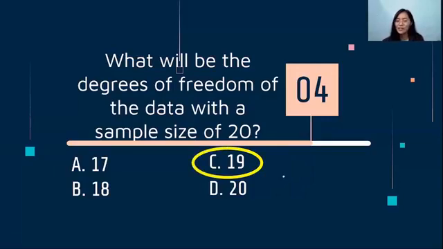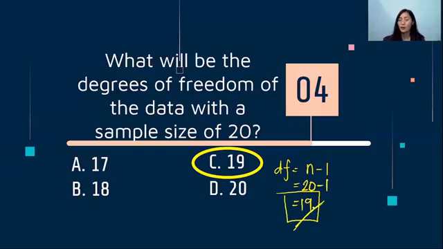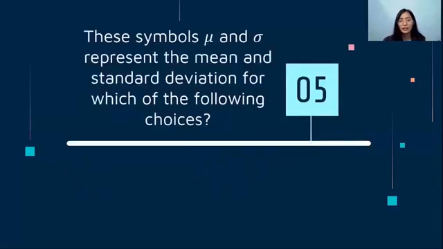Let's recall, for us to get the degrees of freedom, that is n minus 1, wherein our n here is the sample size. So we have here 20 minus 1 equivalent to 19. And that's the value of our degrees of freedom. Right, for the fifth question, these symbols mu and sigma represent the mean and standard deviation for which of the following choices?